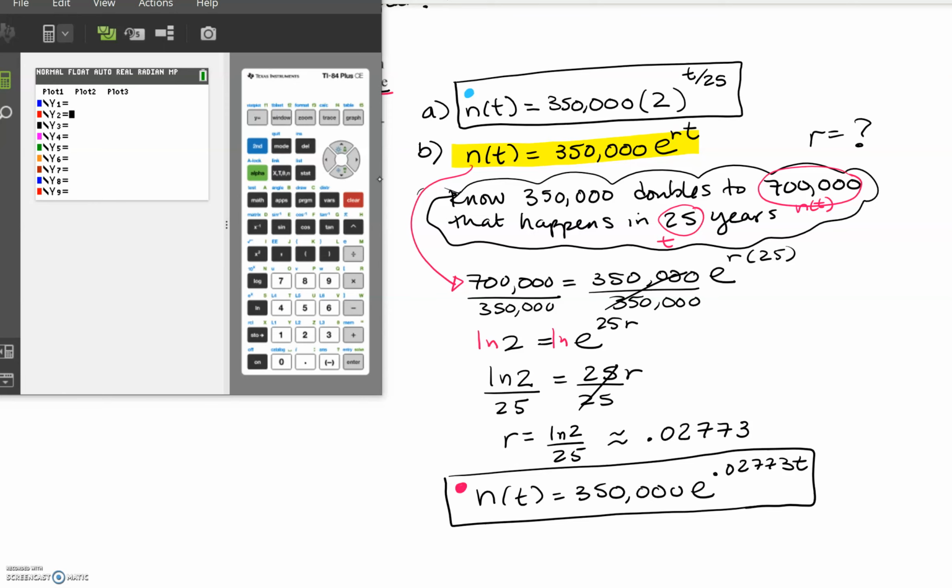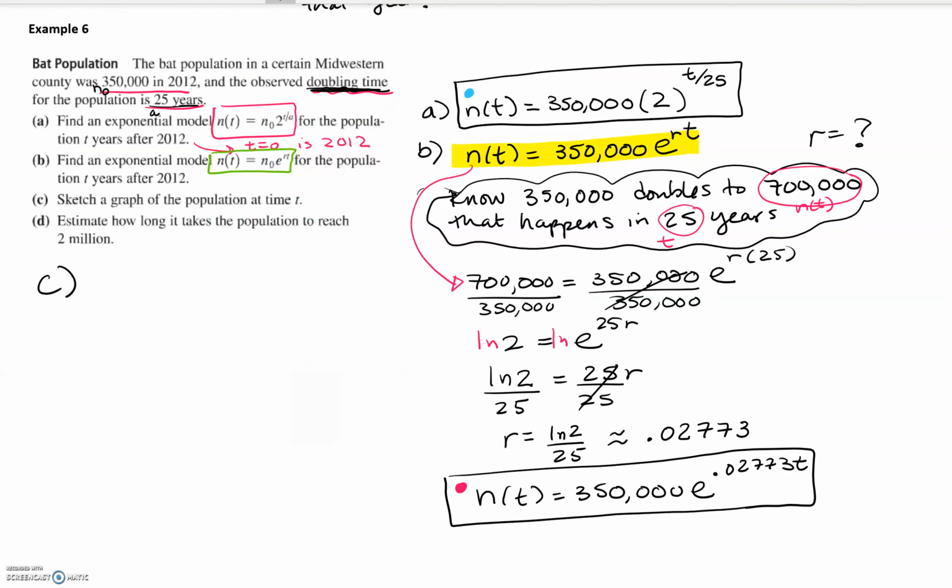I'm going to put just 350 in thousands, raised to the t divided by 25, and in thousands for this one I'm going to put 350 e to the 0.02773t. So again, I'm going to have my y-axis in thousands.